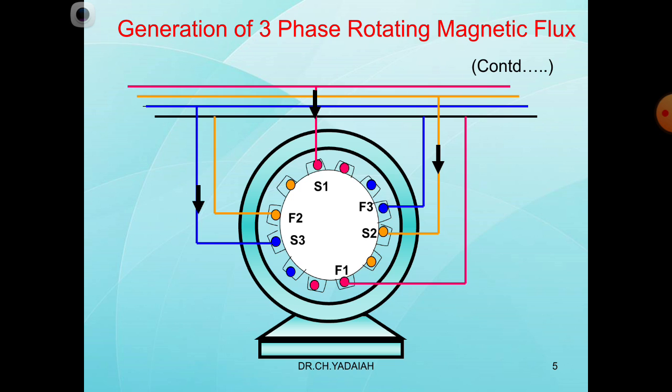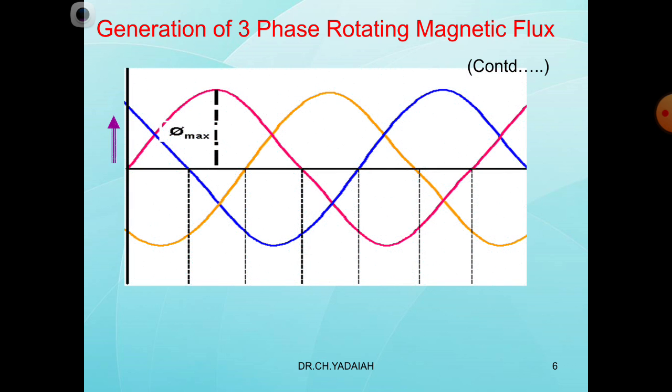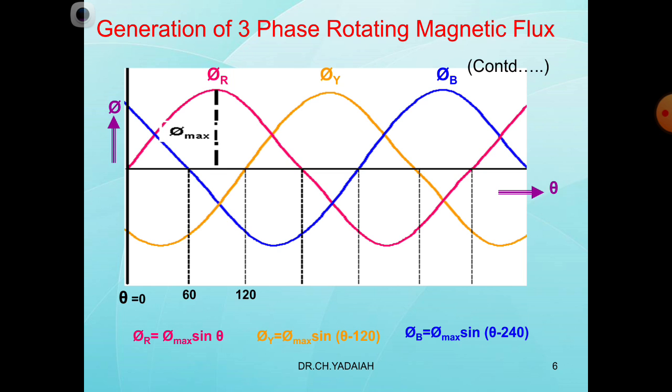Now let us draw the magnetic field produced in the stator from 0 degrees to 360 degrees. You can see here that phi is the angle on the y axis and theta is the angle on the x axis.